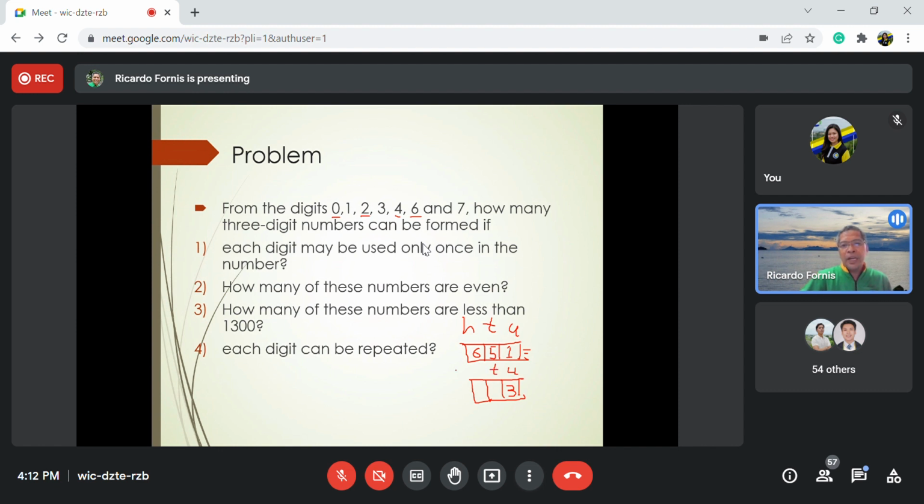And then for the hundreds digit, since 0 is still there, this one cannot be filled up in 6 different ways, but only 5. And this one also 5. In total, you multiply: 6 times 5 times 1 is 30. And then 5 times 5 times 3, that would be 75.